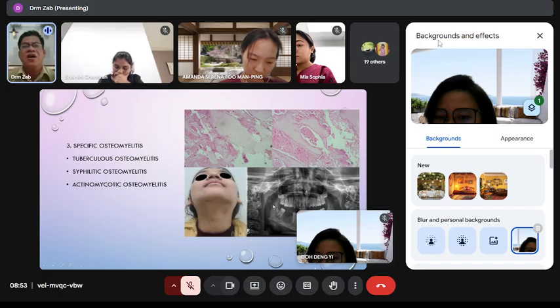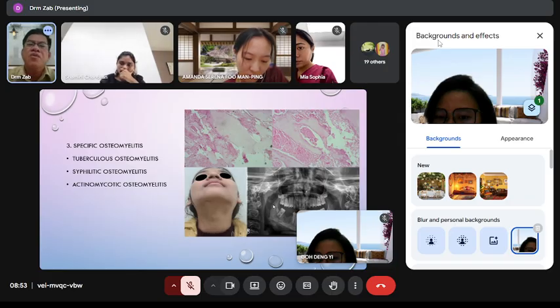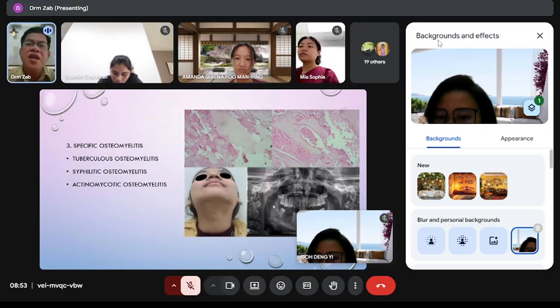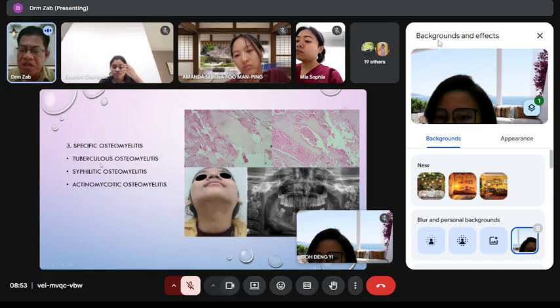If you look at the clinical features or radiographic features, they look alike. The specific osteomyelitis look more or less like the acute or chronic suppurative osteomyelitis. The only difference is the different type of bacteria, which you can collect from the affected area, right? Because for specific osteomyelitis, the bacteria is very specific.